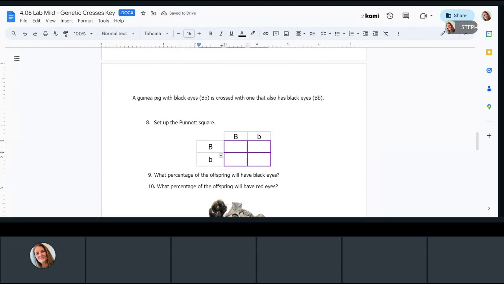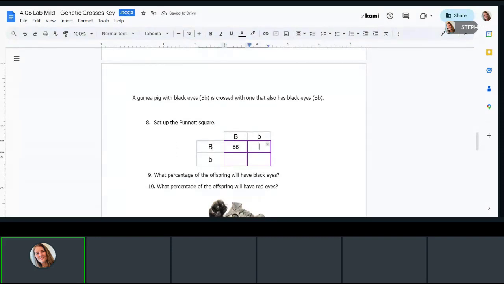And you put them across. This B goes in here. This B goes down here. So we have 2 big B's.